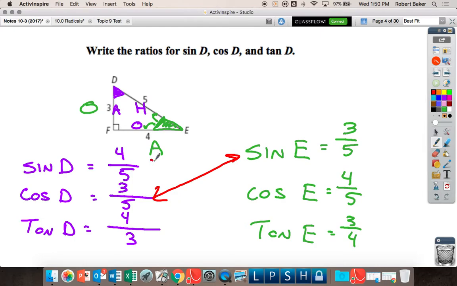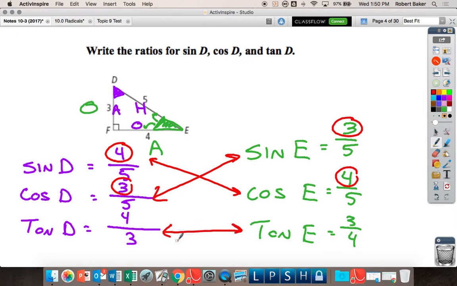The sine of D and the cosine of E are the same answer. Would you even see this? 4 over 3, 4 over 3. Did you see this? 3 over 5, 3 over 5? Or 3 over 4, 3 over 4? Did you see this? How they just flipped over?